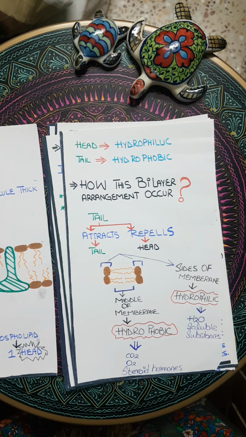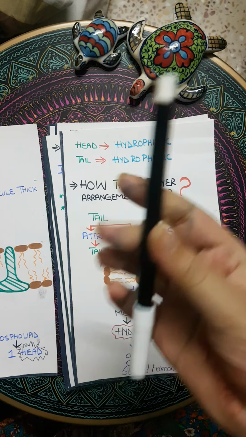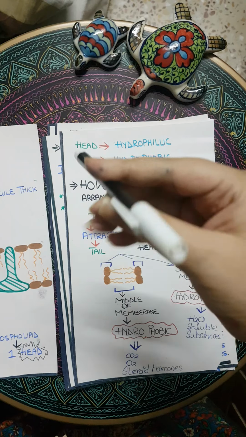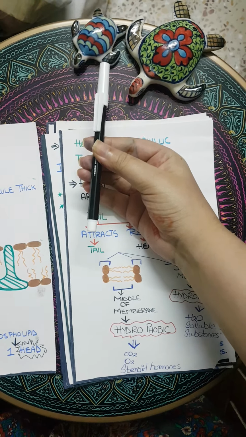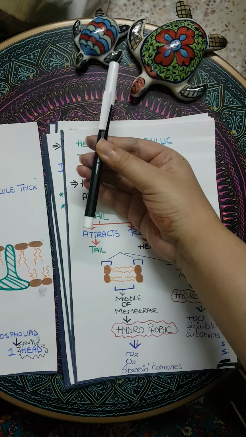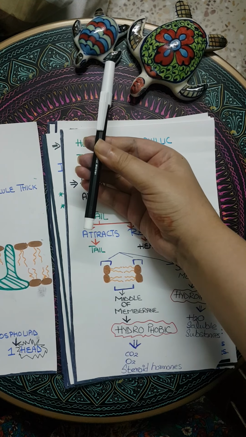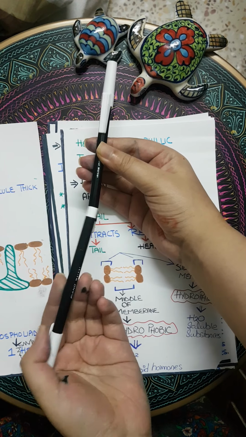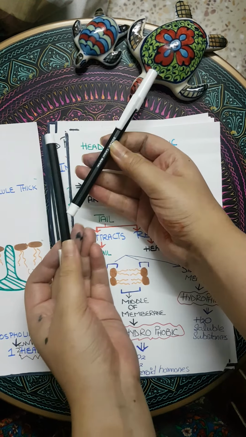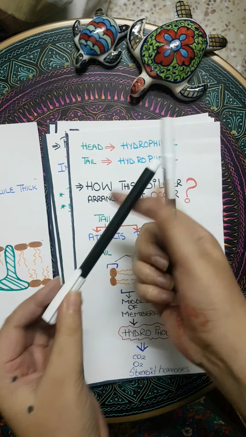Let's say this is one molecule of a phospholipid, and this is another molecule of a phospholipid. This black part is the tail and the white part are heads.